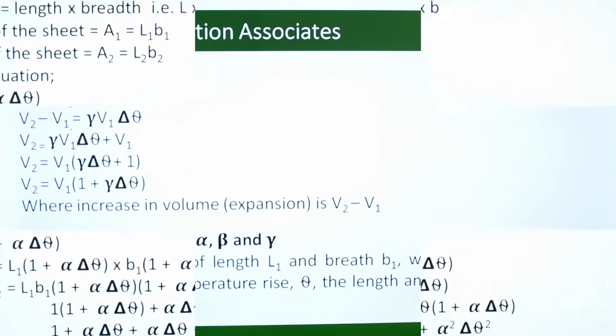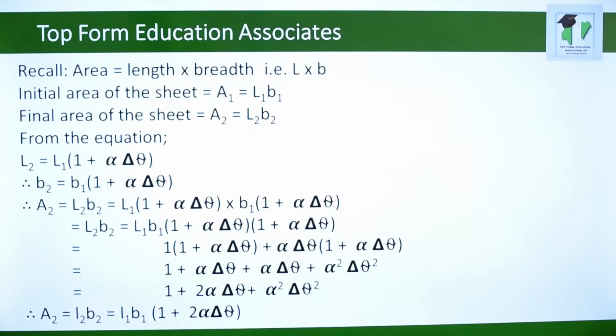Recall that area normally is length times breadth, that is L times B. The initial area of this metal sheet is A1, which means the original length times the original breadth. The final area of the sheet is A2, which means final length times final breadth.